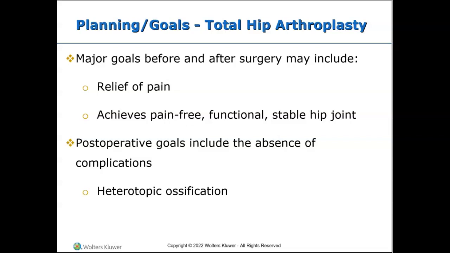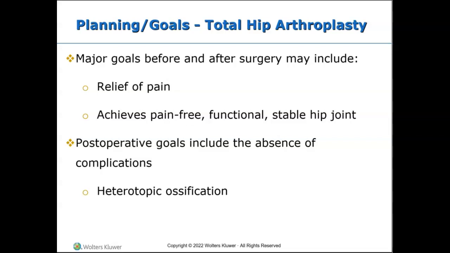Major goals before and after surgery include relief of pain. We want full functional ability, having a stable hip joint, right? And post-operative goals include preventing heterotopic ossification, right? Heterotopic ossification is a diverse pathologic process defined as the formation of extraskeletal bone in muscle and soft tissues.